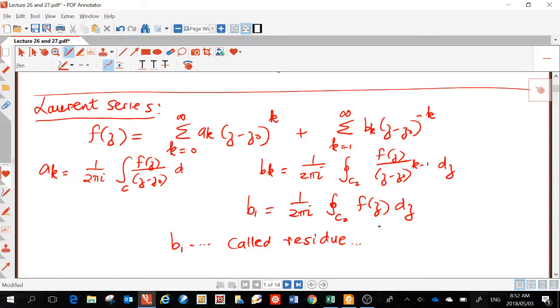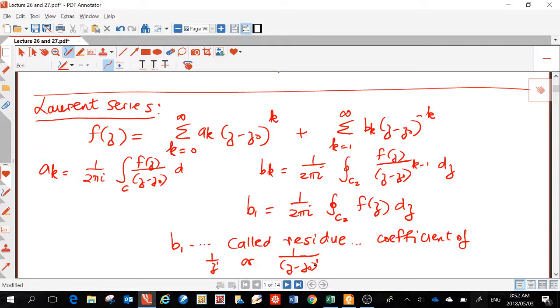It is the coefficient of 1 over z, or 1 over z minus z naught, to the power 1, that is, of course. So that's the Laurent series. And by taking b_1, we find that we can actually establish that kind of an integral. If you take the 2 pi i across, the integral of f of z dz is 2 pi i times the residue of f of z. All you need to do is find the residue.